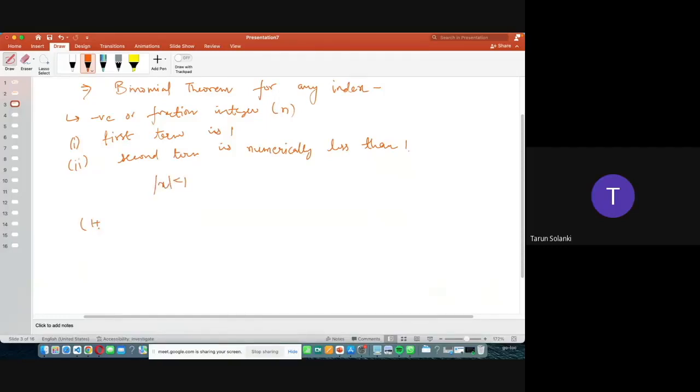Here we can write 1 plus x to the power n equals 1 plus nx plus n(n minus 1) by 2 factorial x square plus n(n minus 1)(n minus 2) by 3 factorial x cube, and this goes up to n(n minus 1) and so on up to n minus r plus 1, divided by r factorial, x to the power r, and this goes up to infinity.